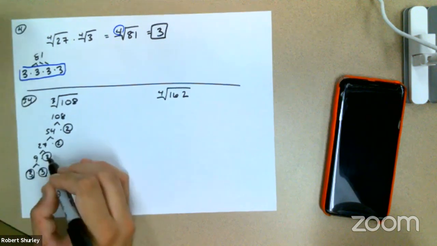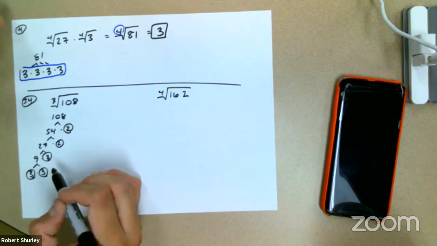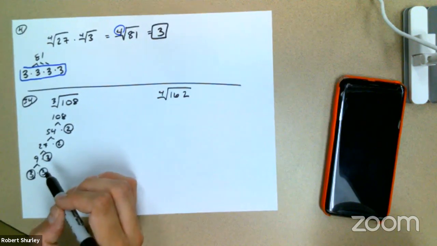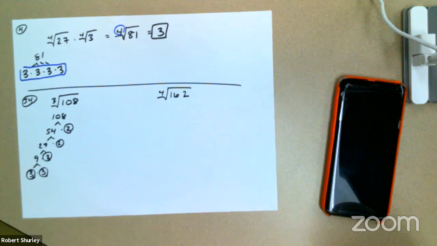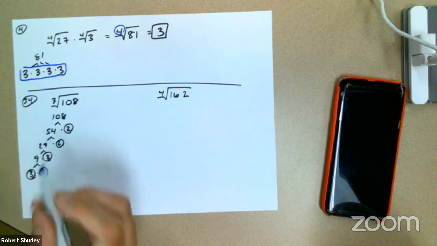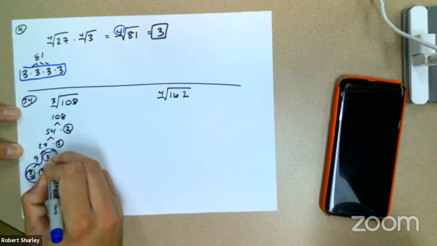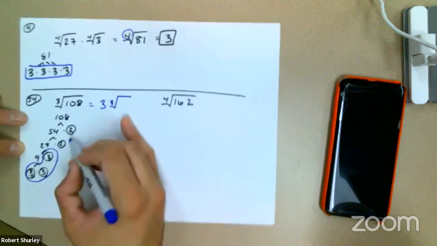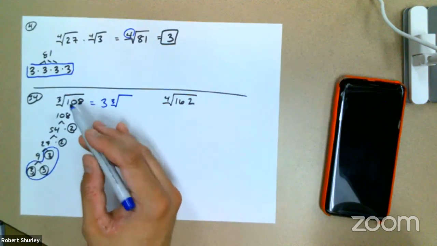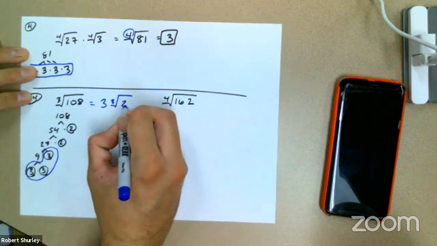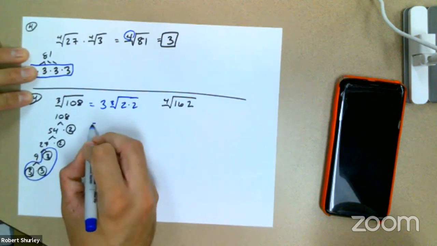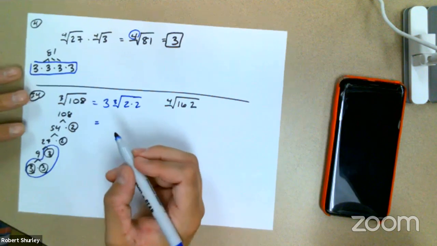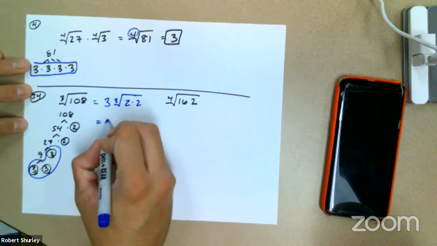That's what I got. 3 times 3 times 3 times 2 times 2. And then, no, 27 times 4. Yeah, that's right. So now we're doing cube root, so I can take out the 3. But these two don't pair up. We need another 2 to pair up because it's a cube root. So it leaves me with 2 times 2. So I wind up with 3 cube root of 4.